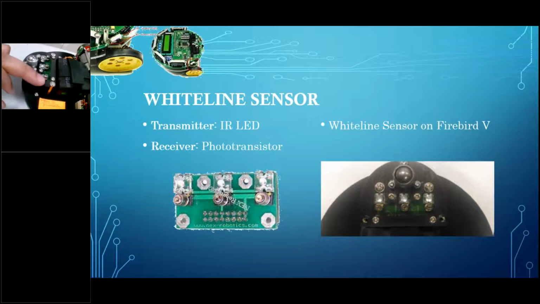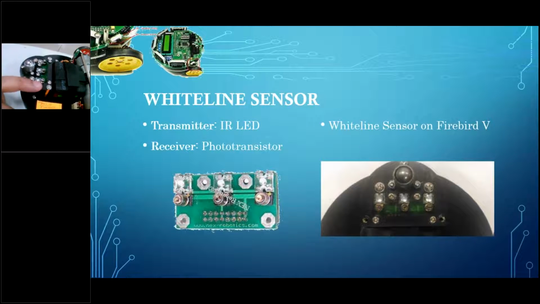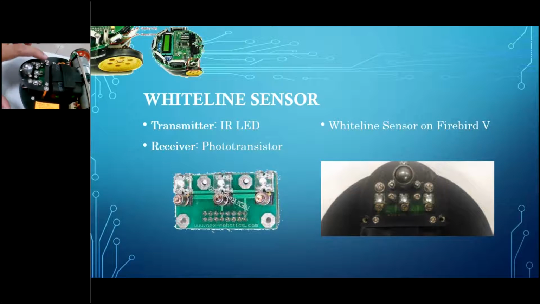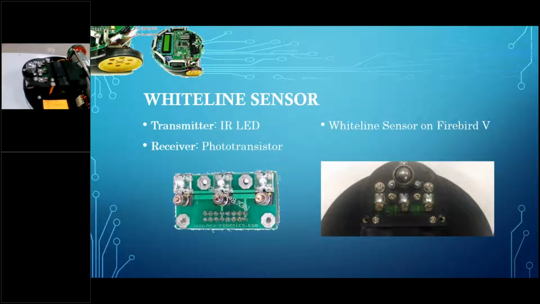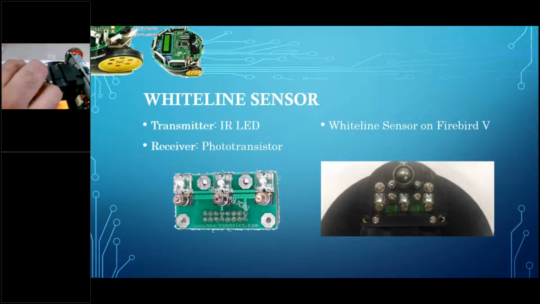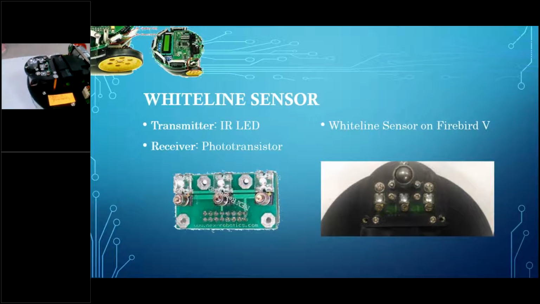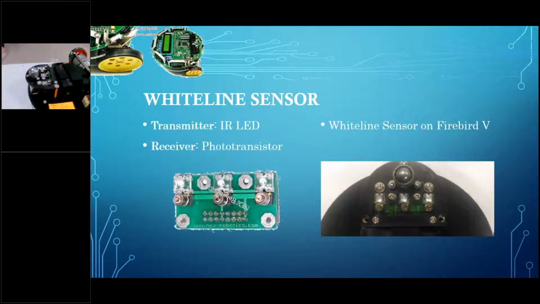It emits IR light, then receives the light reflected from the surface, and reads whether it is a white line or some other color. Here there is also a wheel which is used for moving the robot on a particular line.